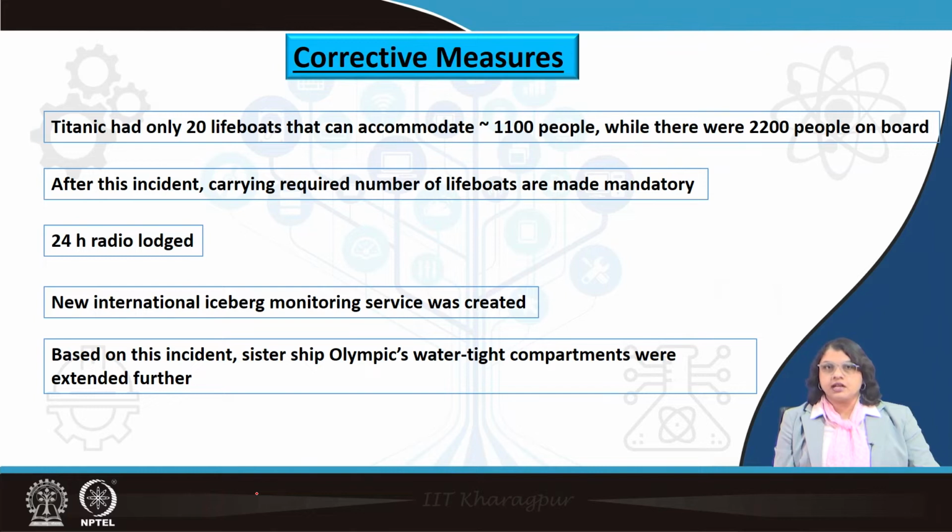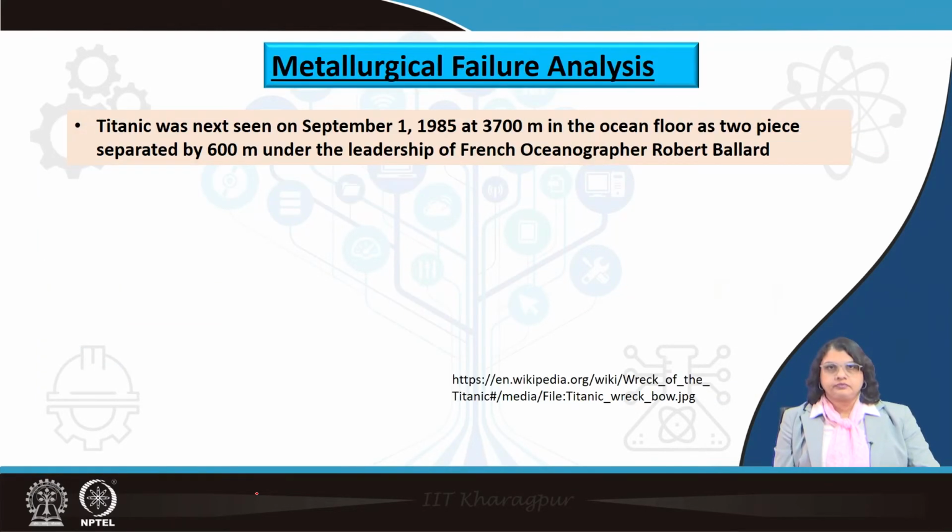Based on this incident, Titanic's sister ship, as I mentioned Titanic had two other sister ships, Olympic and Britannic. In the case of the Olympic, the watertight compartments were extended further to avoid such failure. Anyway, around 1935, White Star Line was finally taken over by its long-time competitor Cunard.